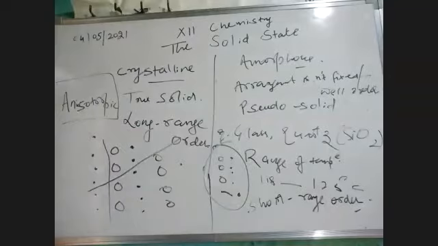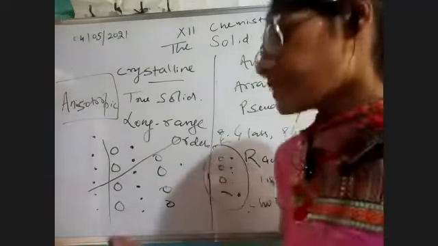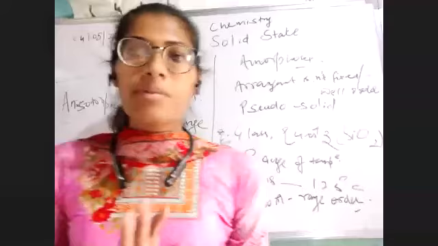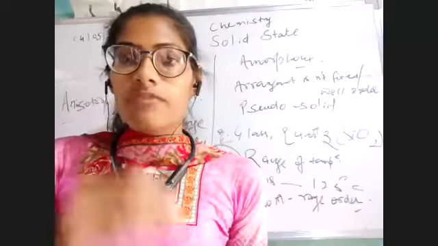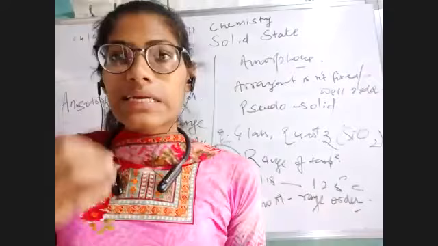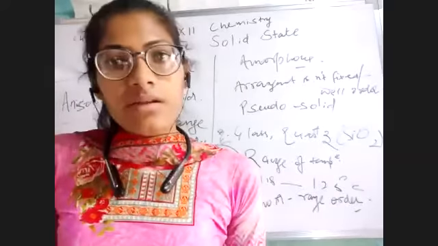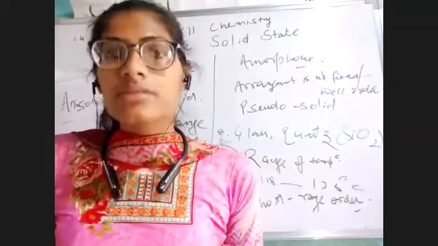Next, we are going to move to another topic: what is the classification of crystalline solids? We have come to know about amorphous solids, that they have some drawbacks, and after some time they start flowing and showing a different nature rather than solid.